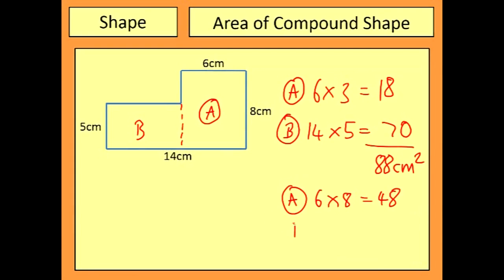And then for shape B, well, we've got 5 as a height here, but we need to work out this bit. Now the whole lot is 14 along the bottom. This bit's 6, so 14 take away 6 is 8. So we end up with 5 times 8, which equals 40. And then add those together, and again, you'll get 88 centimeters squared.